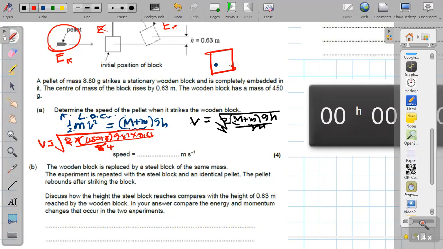What is the speed you get? What is the answer you get? 25.38.